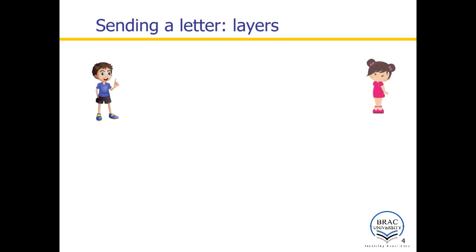The first one is the sender, which is the boy here, and the second one is the receiver, which is the girl here. Then we will have a carrier that I'm going to show you in the overall process. So the first step in sending a letter is that the boy should write the letter first, and he should put it in an envelope.